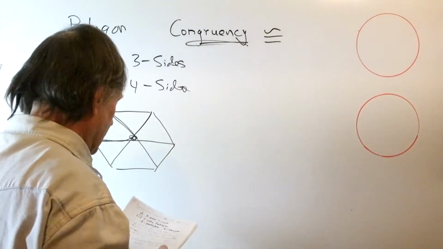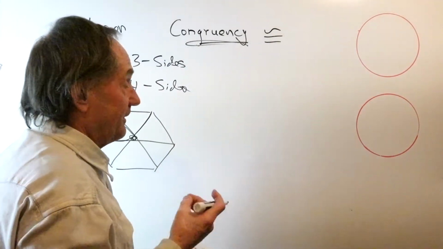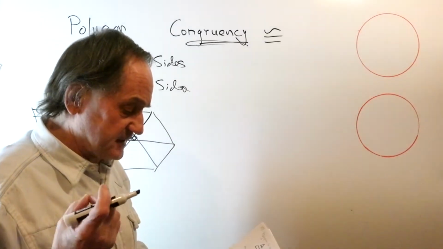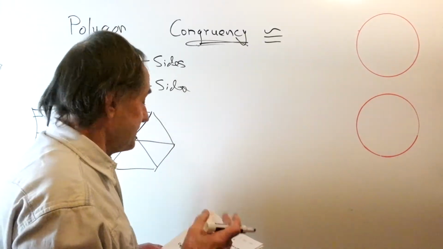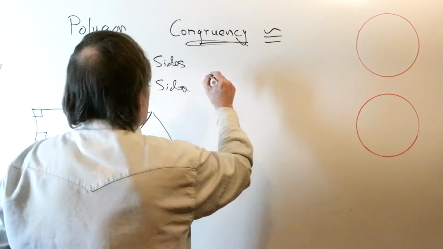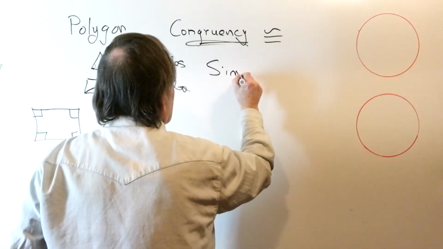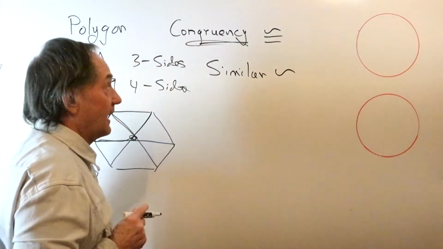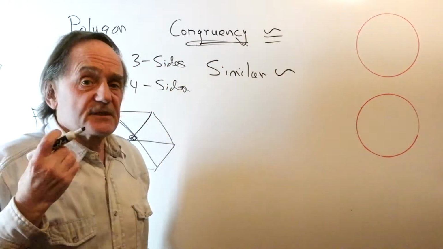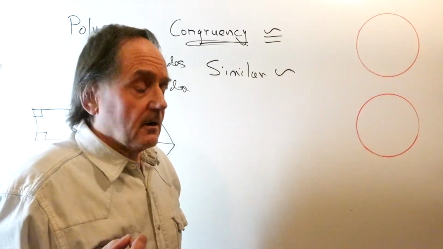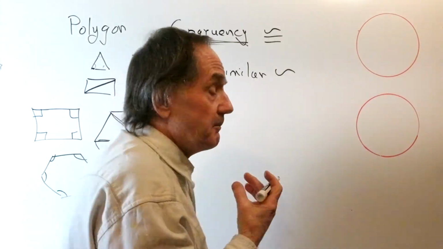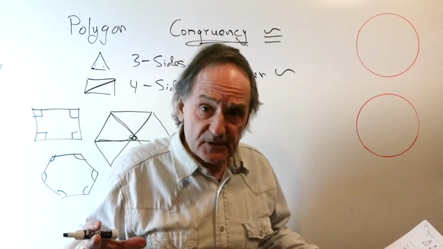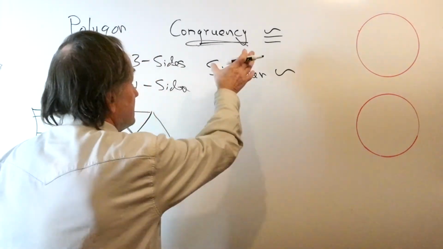That's what we mean by things are congruent: that they have the same size and shape in all respects. Then there is similarity, or similar. And we just use a squiggly line to say similar. Things that are similar have the same shape, but not necessarily the same size. Congruency is a lot stronger.